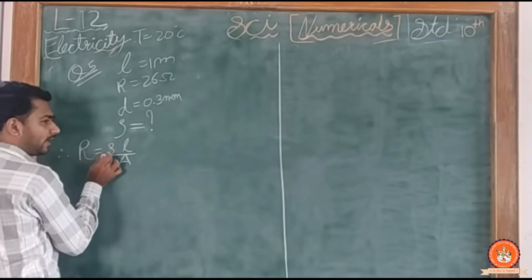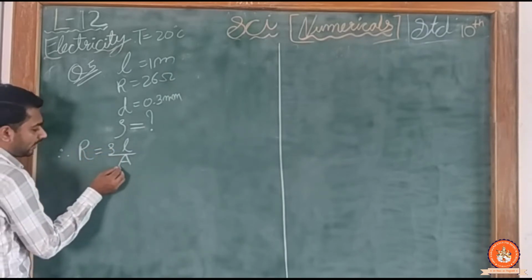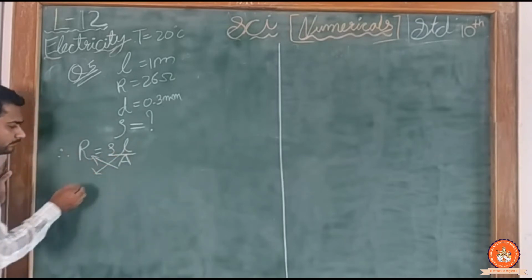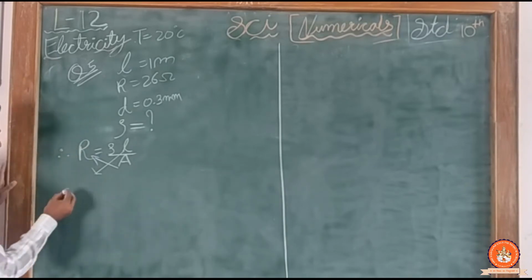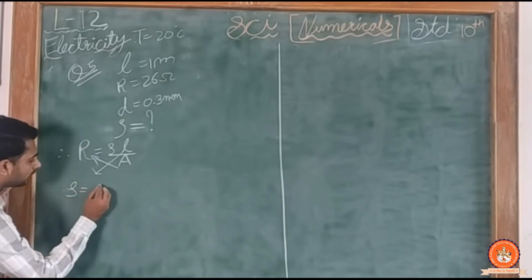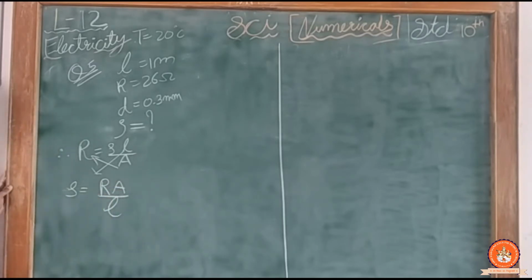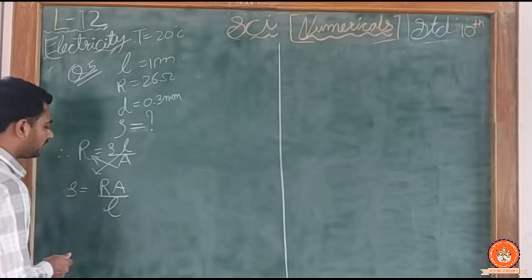We have to find rho, so we will subject rho here. This A will be multiplied with R and L will come down. You know this already. So rho is equal to R A divided by L. Clear? Now we will directly place the value.